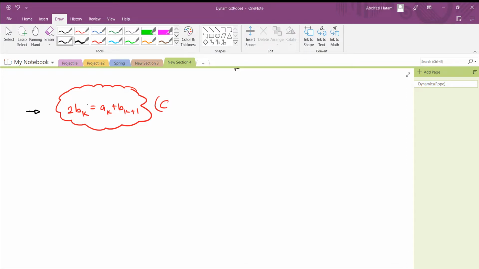Let me substitute this ak into this equation. 2bk is going to be equal to ak, which was g minus beta divided by 2 to the power k, plus bk plus 1. As you can see, it is a recursive equation. You can see bk plus 1 is equal to 2bk minus g minus beta divided by 2 to the power k.